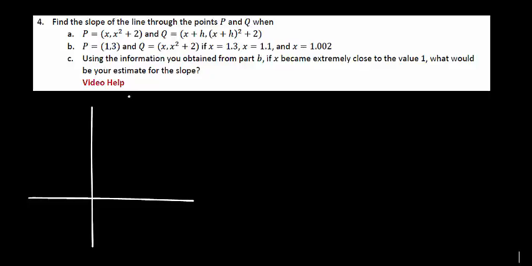Let's say we have a function f of x, which gives us out x squared plus 2. And let's say I plug in some value x. Then I get x squared plus 2 back out. So let's say this is a height of x squared plus 2 right here.